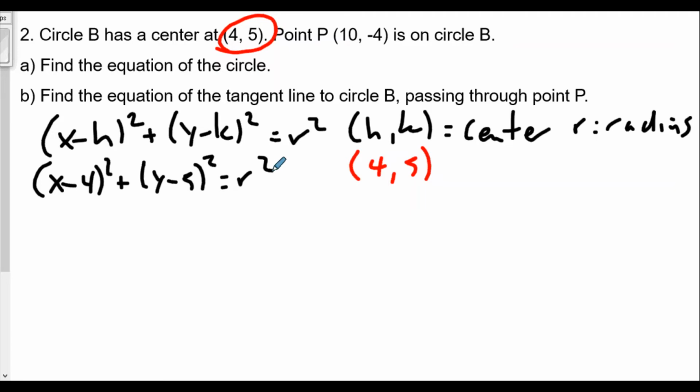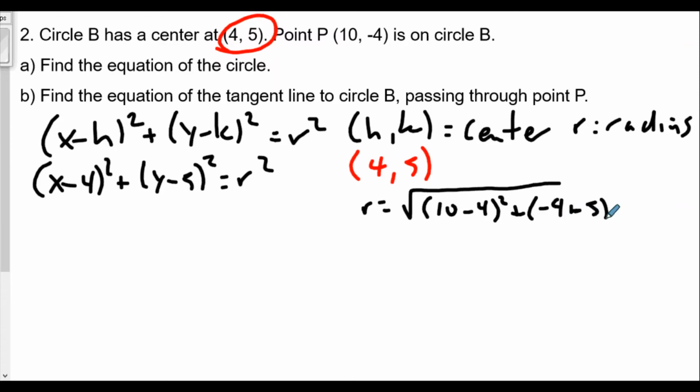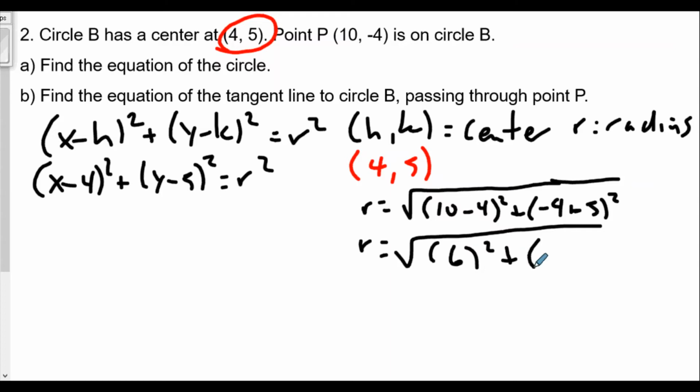Now we have to find the radius, and we can find it by using the distance formula. So r is equal to the square root of the difference of the x's, (10 - 4)², plus the difference of the y's, (-4 - 5)². So r equals the square root of 6² plus, well, -4 minus 5 is -9.